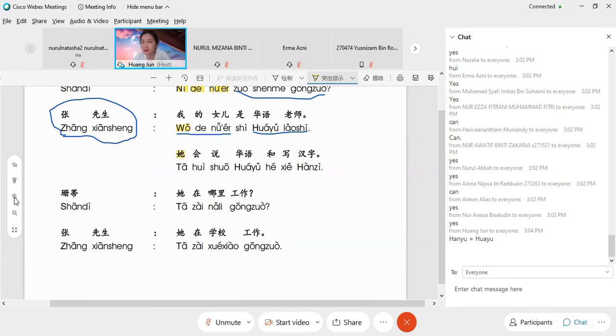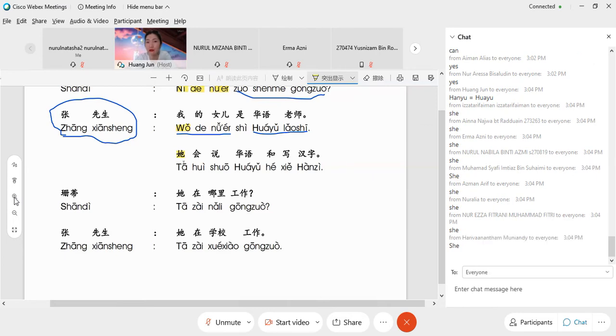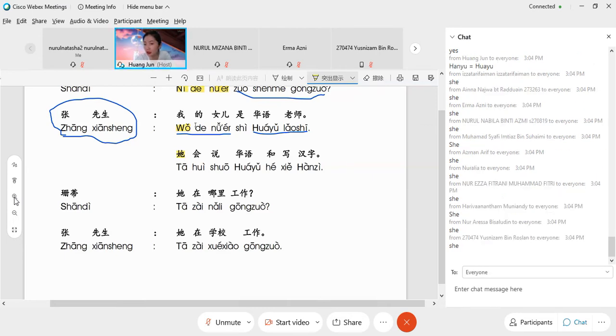Then the person continues to introduce: 他会说华语和写汉字, the Chinese characters. Is 他 a he or a she here? It's a she, because 他 refers to 我的女儿, my daughter. 他会 means can. So she can speak Mandarin and write Chinese characters. Then Shandy asked 她在哪里工作, where does she work?